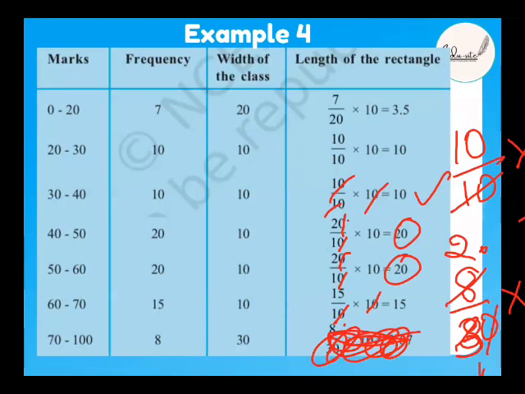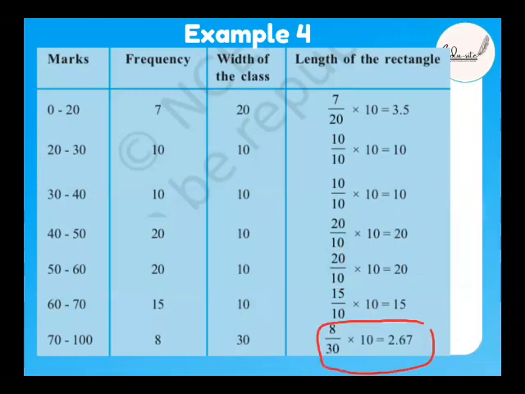How many times is 20? 3 6 times is 18. Correct? 19, 20. Again 2 remaining. So it is 2.666666. It becomes 2.67. It will be rounded off to 2.67. So this answer goes to 2.67. Correct, beta? Yes. Okay, mashallah.